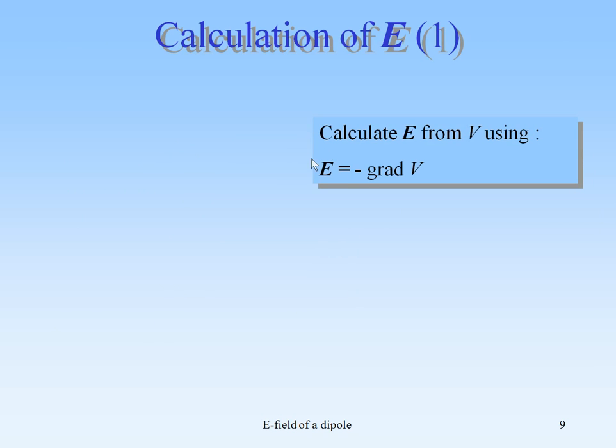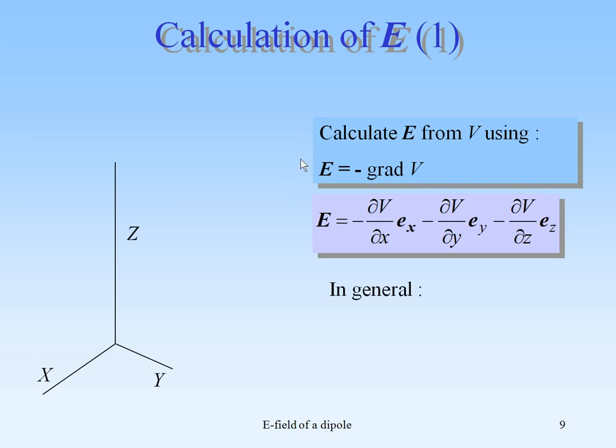Now the calculation of E. We use the gradient of the potential, and the gradient is minus dV/dx times E_x, and a similar y contribution and a similar z contribution.